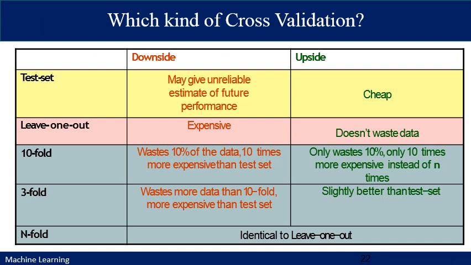So again, cross-validation in terms of k-fold has positives and negatives as well. For example, if you use a 10-fold cross-validation, that means division of the training examples into 10 subsets, you waste only about 10% of the data, and it is only 10 times more expensive than the leave one out method, which we discussed previously.